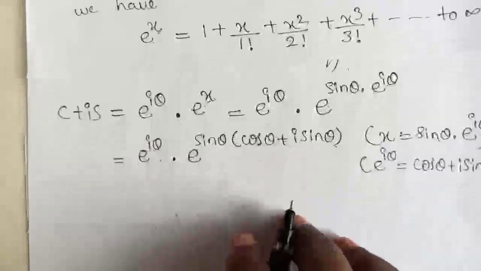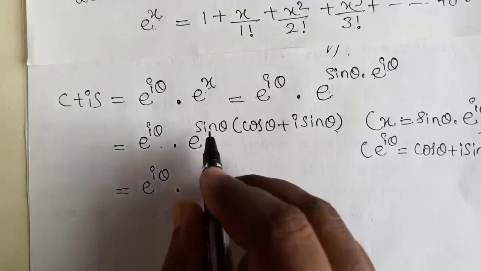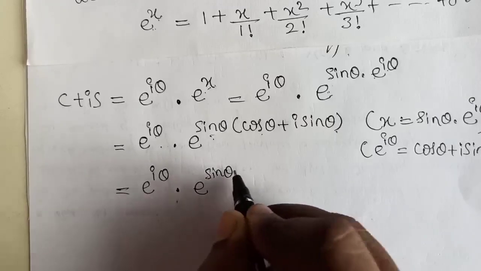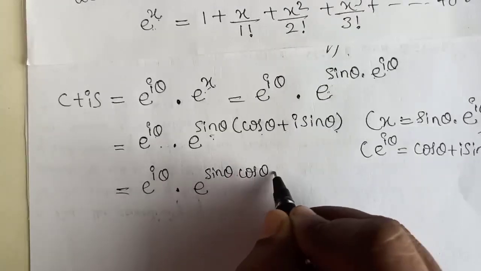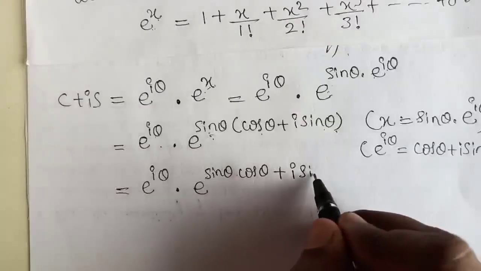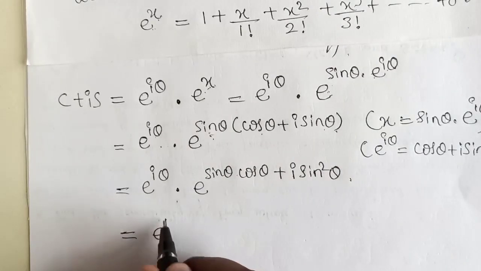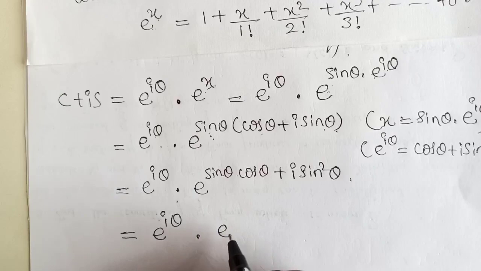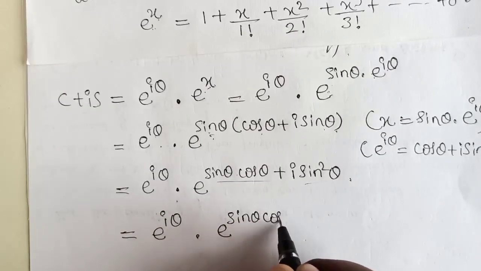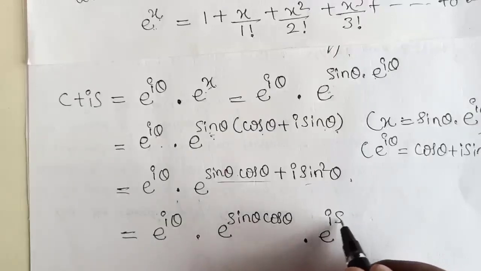Now further simplifying, this can be written as e raised to I theta into e raised to, multiplying these terms, sin theta into cos theta plus I sin theta into sin theta, which equals sin square theta. Now this I will divide as e raised to sin theta cos theta, one term, into e raised to I sin square theta.